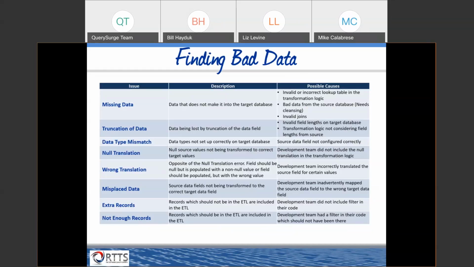And the final three are misplaced data, extra records, and not enough records. You want to make sure that your data is getting to the right place and the right destination. You want to make sure it's not being misplaced or filtering onto any other additional tables. And as we saw at the beginning of the presentation, we really are dealing with so much data these days.